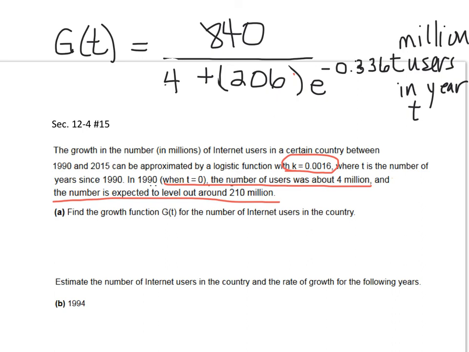So we have our logistic function. However, we can factor out a 2 in the numerator and the denominator because both 4 and 206 are even. We'll divide both of those by 2.